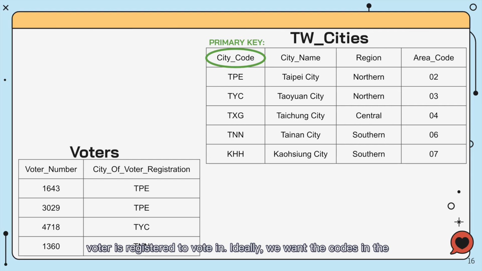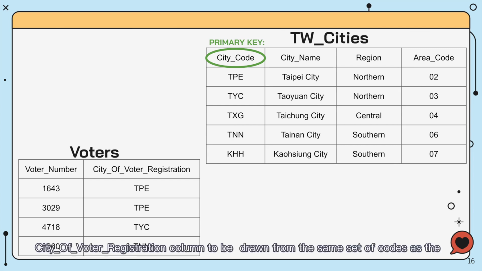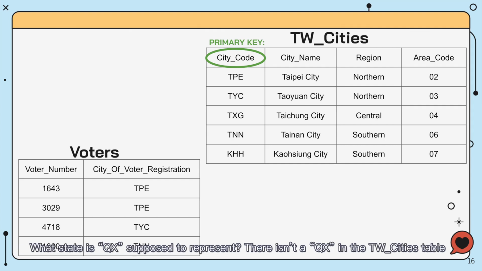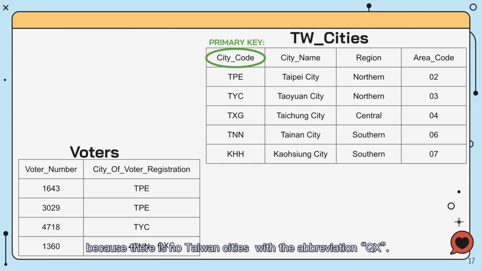Ideally, we want the codes in the city of voter registration column to be drawn from the same set of codes as the ones in the Taiwan cities table, because otherwise we won't be able to relate one to the other. What city is QXC supposed to represent? There isn't a QXC in the Taiwan cities table because there is no Taiwan city with the abbreviation QXC. It's safe to say QXC shouldn't be allowed in the voters table.